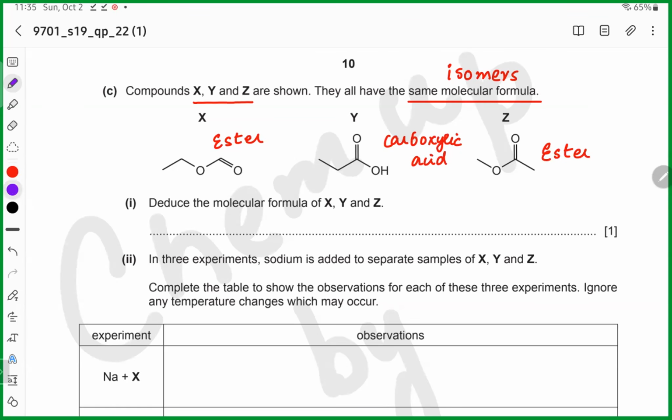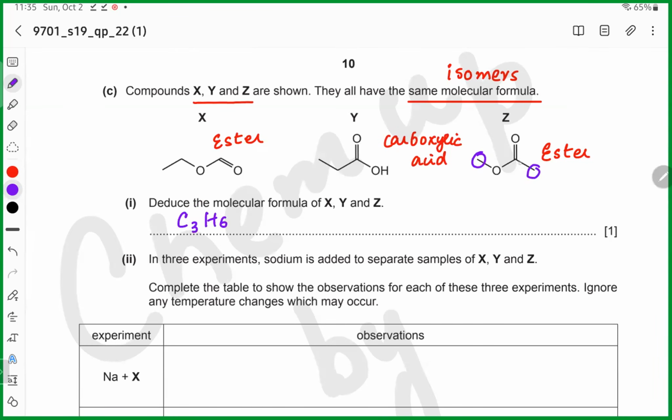No sir. Okay. Deduce the molecular formula of X, Y, and Z. If we look, how many carbon atoms are there? There are 3 carbon atoms. If you count the hydrogens, for example if I take Z, we have 2 terminal carbon atoms, which means both have 3 hydrogens, so total hydrogens are 6.